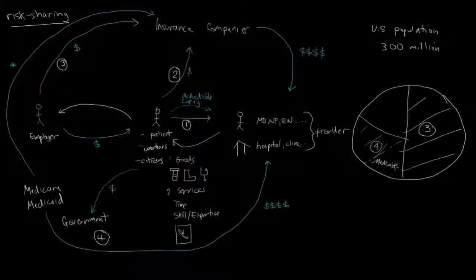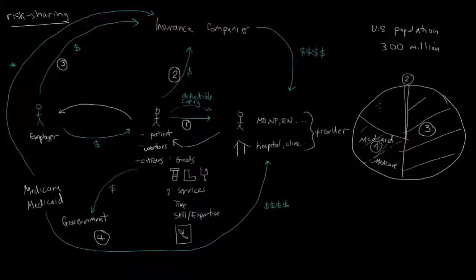And the other half, that other piece of that part of the pie, will be Medicaid. Now there's a little sliver of the pie right here, which is going to be people who pay for their own insurance through insurance companies. That's number 2. So I'll just add that right there.